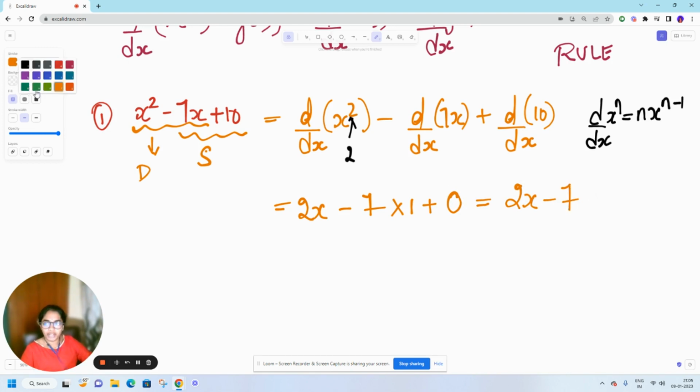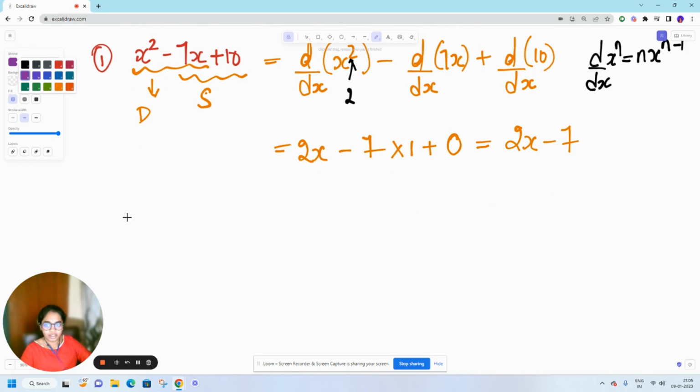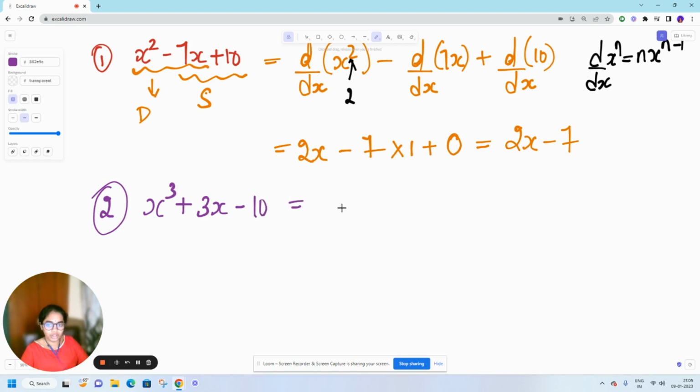Okay, let me write down the next question: find the derivative of x cube plus 3x minus 10. How do you solve this? Take the derivative of each term.